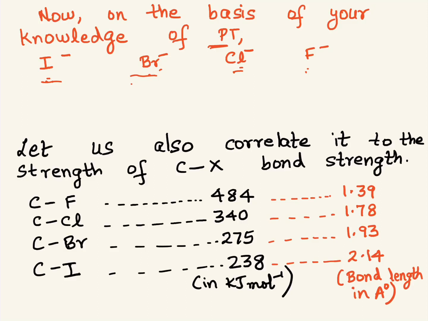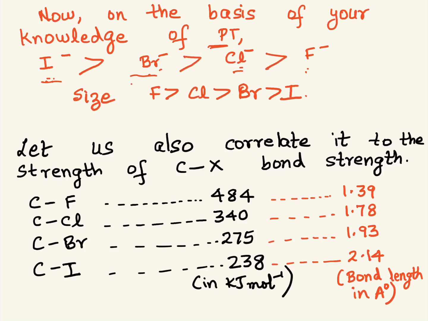Absolutely. If you remember, the size of the halogen atoms increases in the order fluorine, chlorine, bromine and iodine, right? So when we talk about the leaving group, iodide would be the best leaving group, followed by bromide, then chloride and then fluoride.